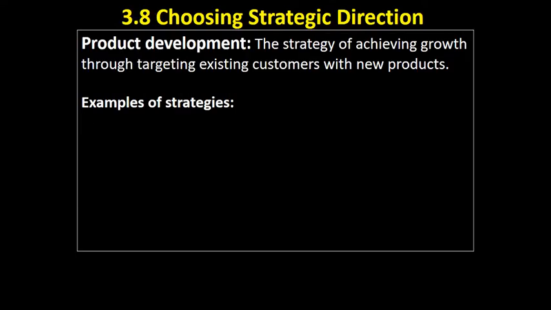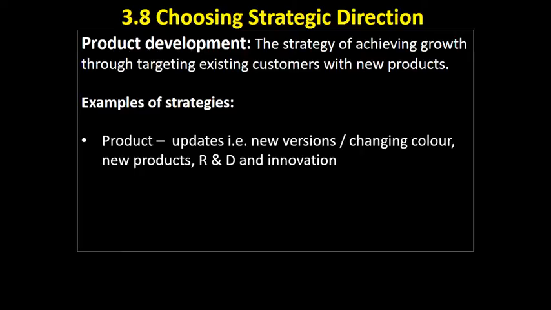So we could define product development as the strategy of achieving growth through targeting existing customers with new products. Well, how might we use our marketing mix to achieve that? Well, we could simply update our existing product range. Apple are absolute masters at this.